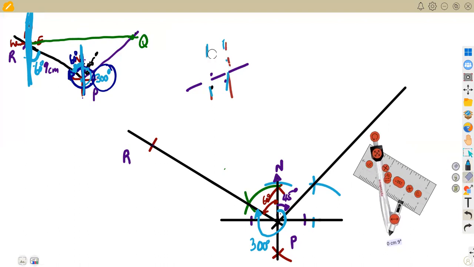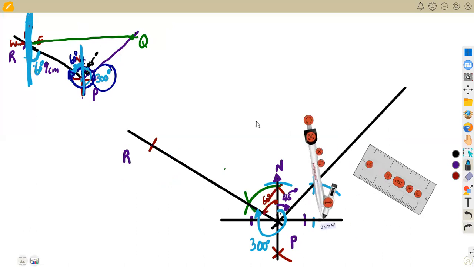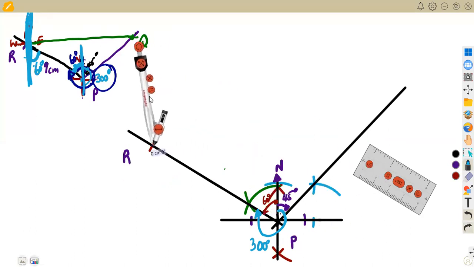So we are going to construct an angle of 60 degrees here. We want to create a Z like this, so that if we have 60 degrees here, this line is going to be parallel. So our 60 degrees must be on this side. This is where we expect our 60 degrees to be. Remember the concept of constructing 60.